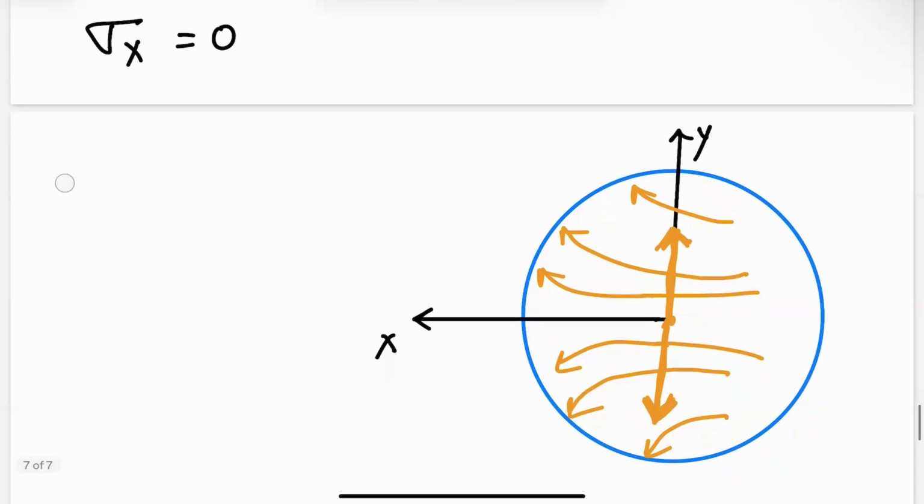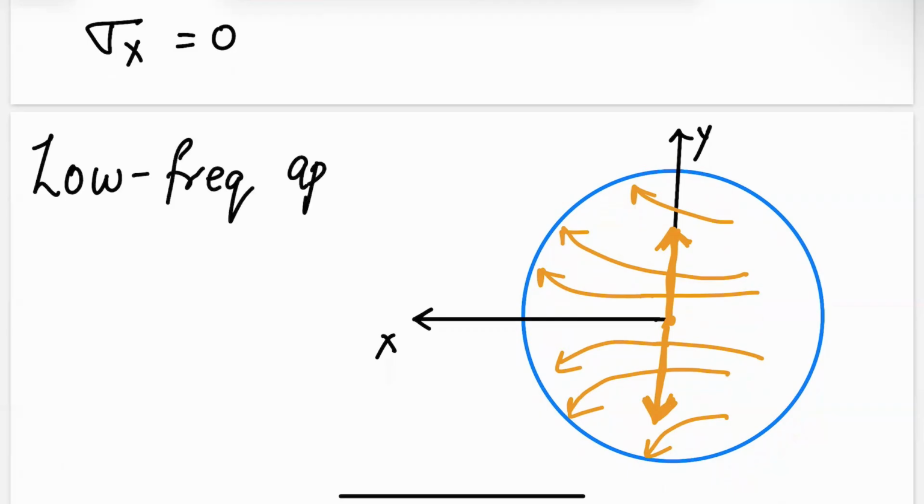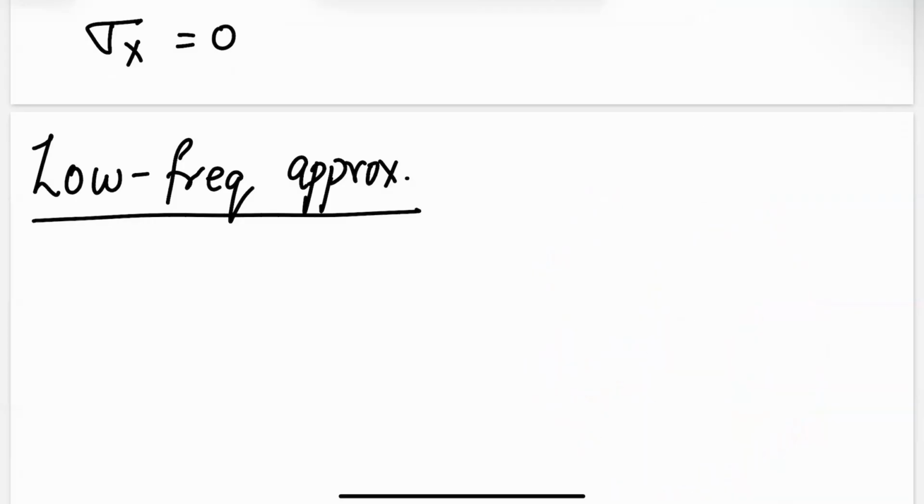Actually, I should say it's not just the Wronskian. We also want to use a low frequency approximation, which means that the size of the sphere is much less than the wavelength.